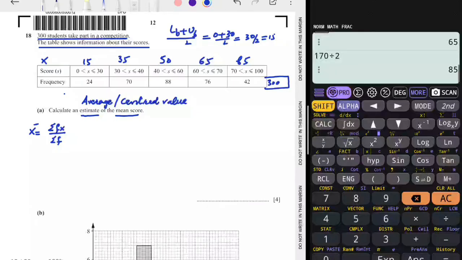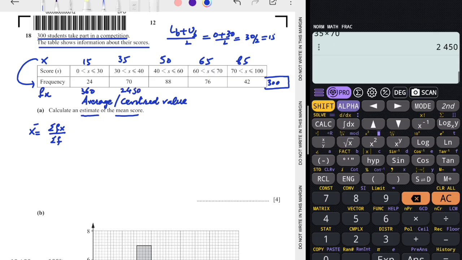Now afterwards we have to find out fx. So we'll multiply mid values with frequencies. We are going to make another column for that. So 15 multiplied by 24, answer is 360. Then 35 times 70 is equal to 2450.